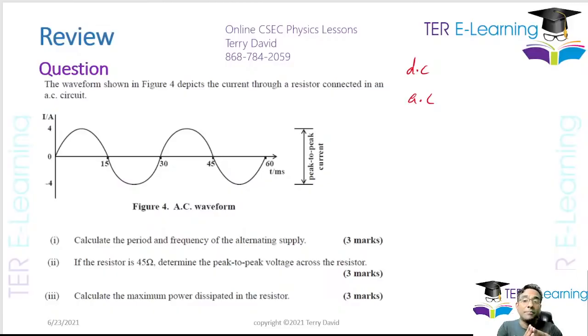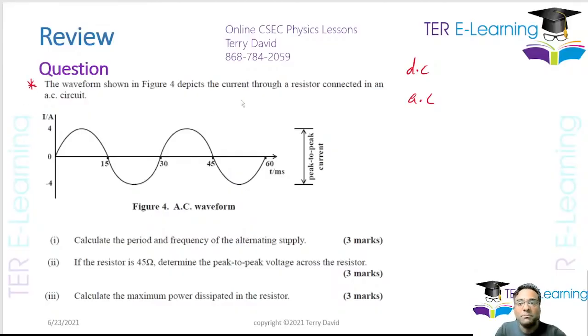An example of AC is your mains supply inside your house. When you plug your TV or your fridge into the wall, that current is alternating current, so the electrons are reversing direction regularly with time. That's an exam question: differentiate between AC and DC. Tell them that for DC, the electrons flow in one direction only, and for AC, the electrons reverse direction regularly with time. That's the answer.